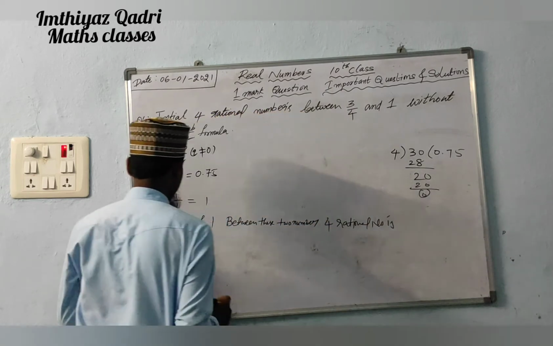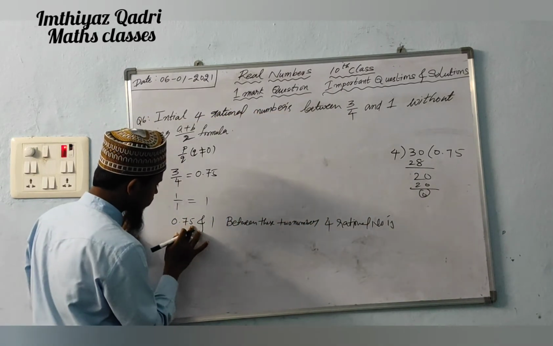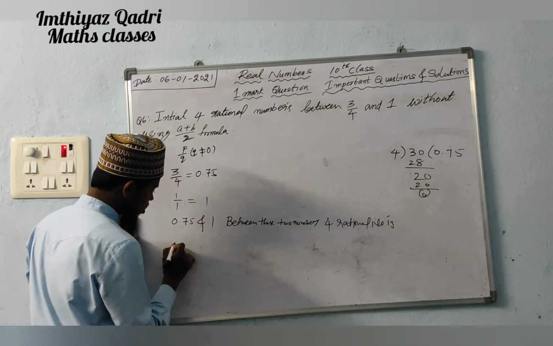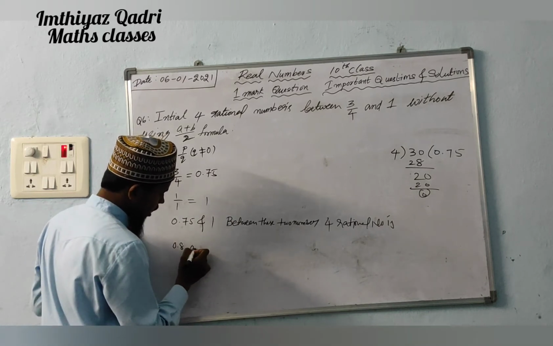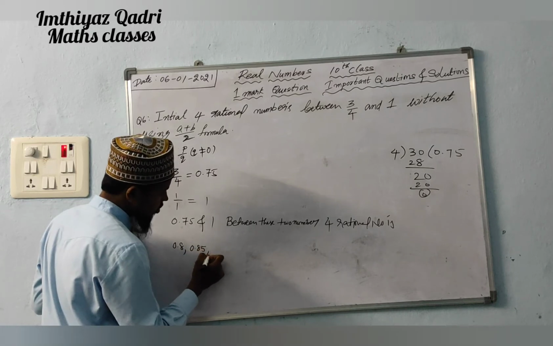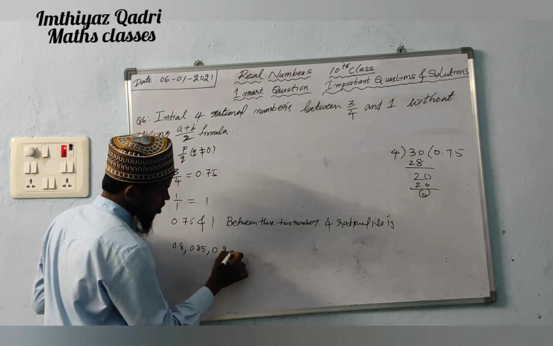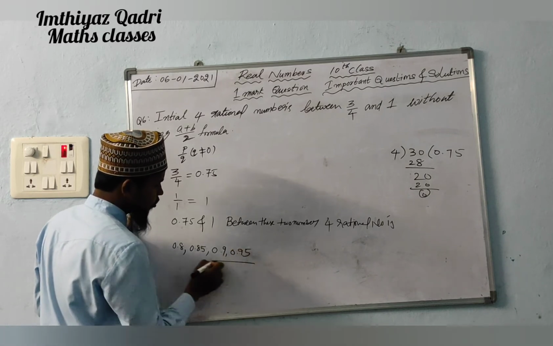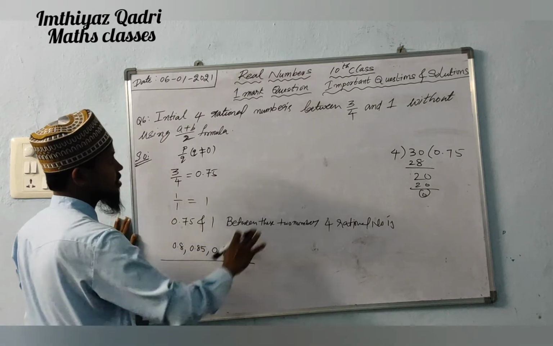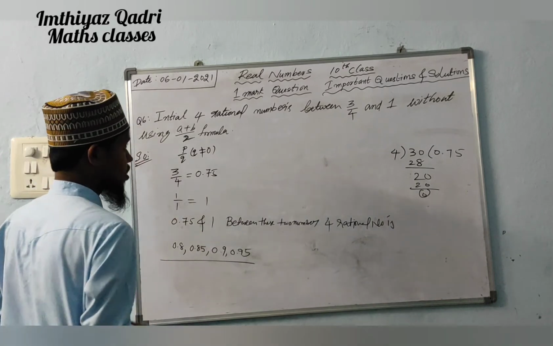They are 0.8, 0.85, 0.9, 0.95. These are the 4 rational numbers between 3 by 4 and 1.